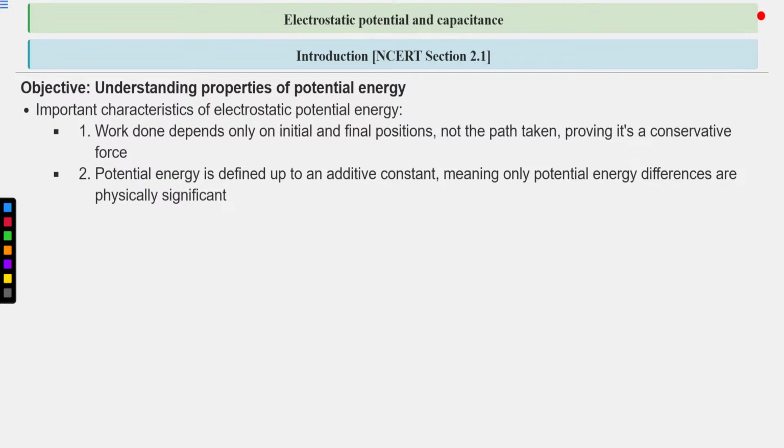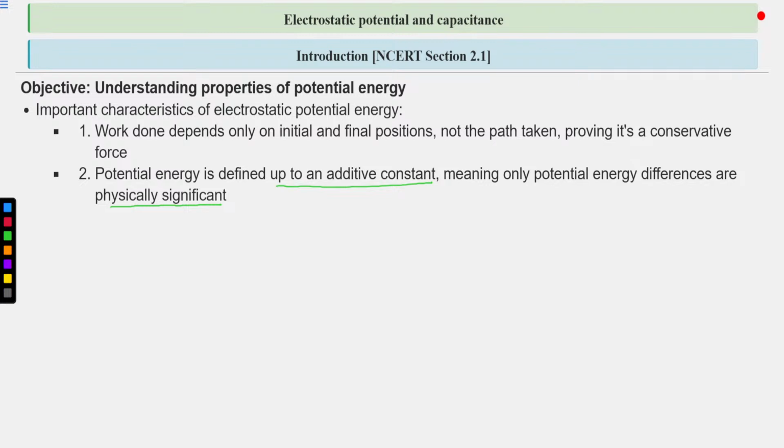Okay, important characteristics of the electrostatic potential energy. Since the force is conservative here, work done depends only on initial and final position, not the path taken, proving it is a conservative force. Also, second thing, potential energy is defined up to an additive constant. What does this mean? It means only potential energy differences are physically significant.